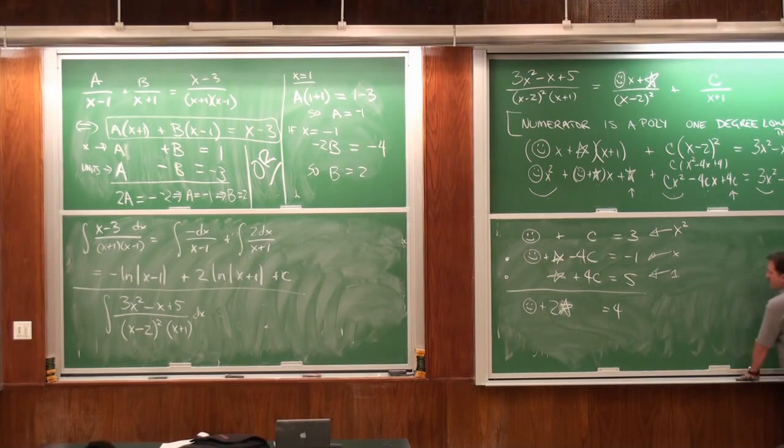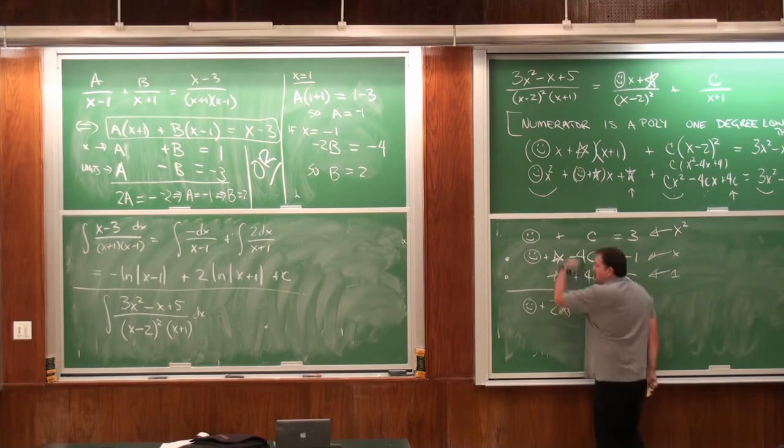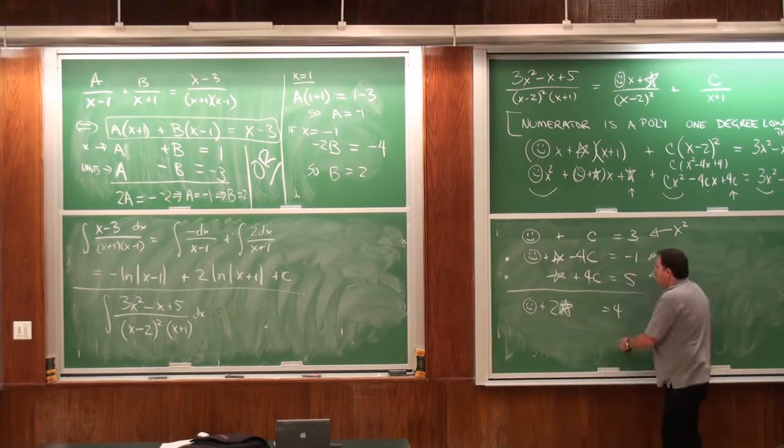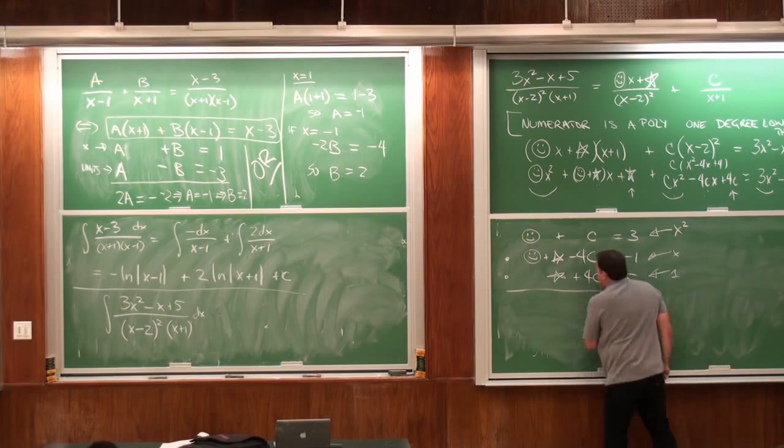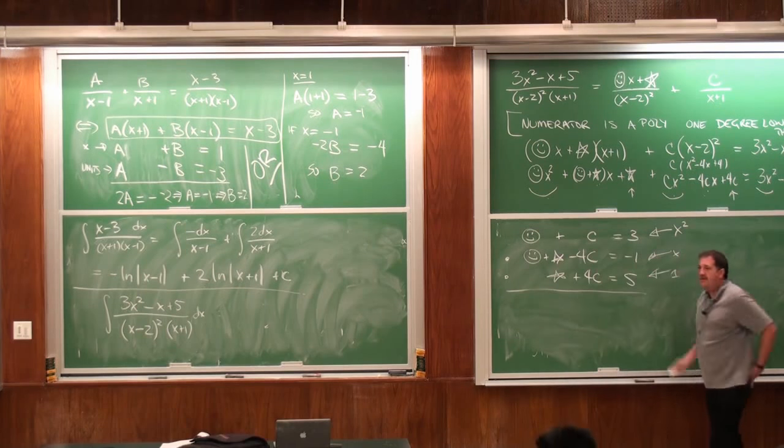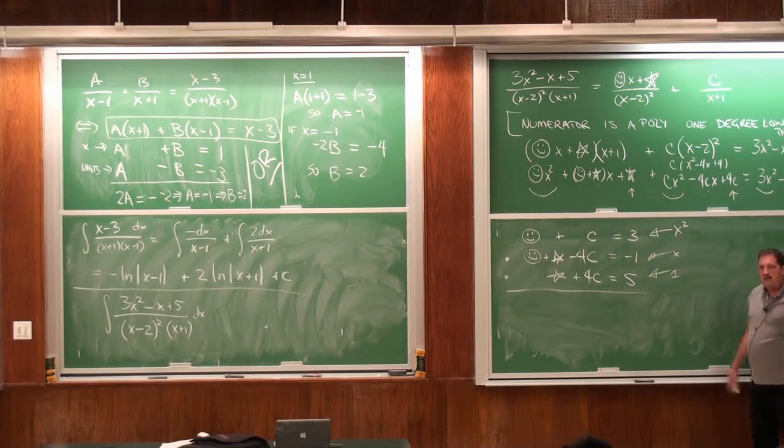And now I just want to say, if I have 3 numbers that when I add up in this way, they have to satisfy these 3 equations. And now I want to solve these 3 equations. Maybe I should do it the other way, right? If I do it the other way, then it tells me c right away.